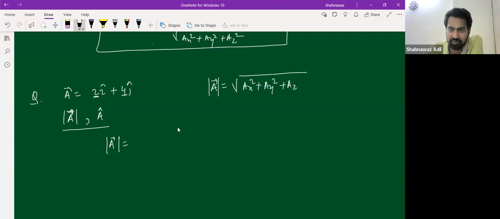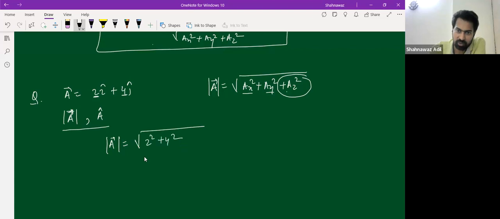Whatever is the x component, whatever is the y component, the z component is 0, so we can leave that. Do we have a z component in there? Root 20, sir? Yeah, so 2 square plus 4 square. Yes, so root 20. Yes, correct, sir.